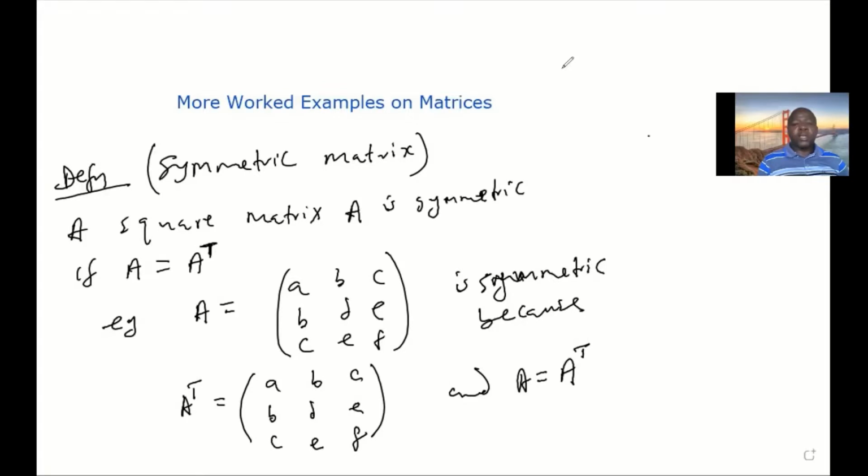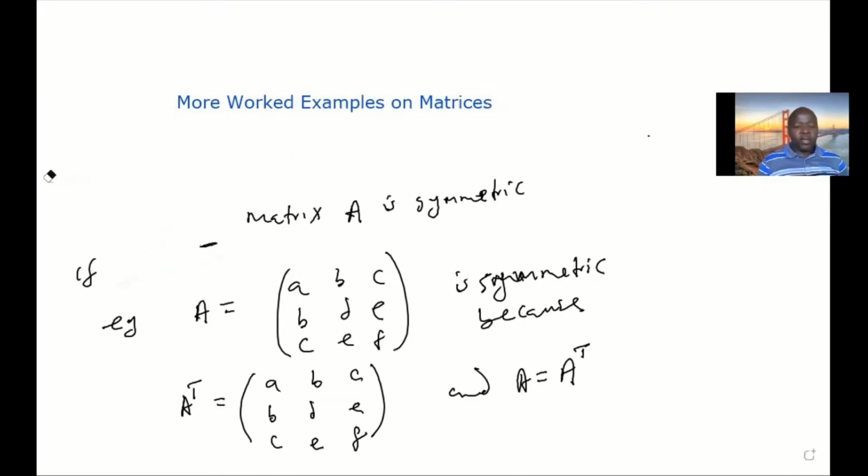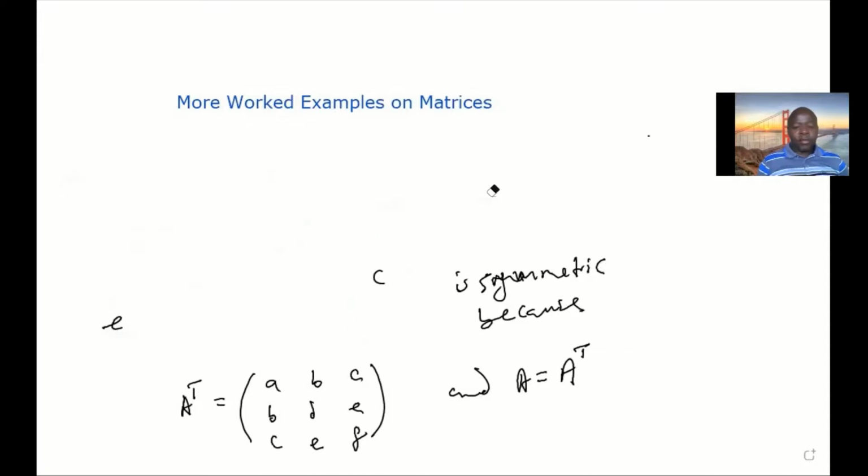We say a matrix is symmetric if it equals its transpose, and it's good to know the types of matrices.